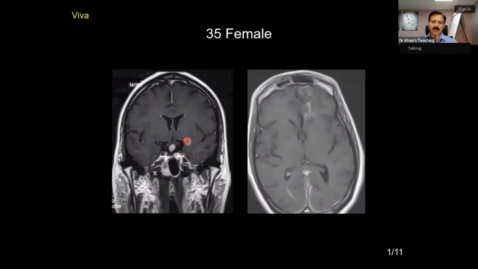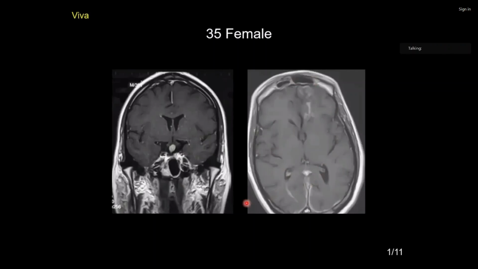Okay, so let me help you, because I can understand your handicap, as you don't understand anatomy-wise where you are. This was the infundibulum, and this is post-contrast. This infundibulum is thickened and it is enhancing. This plus this, what comes to your mind? Can you describe the findings here?